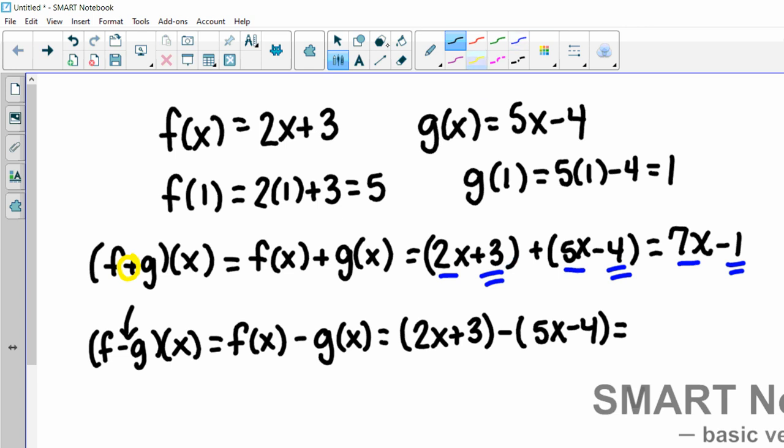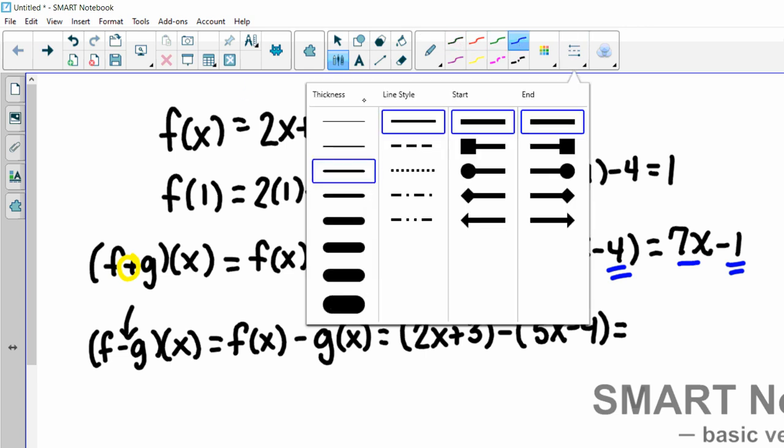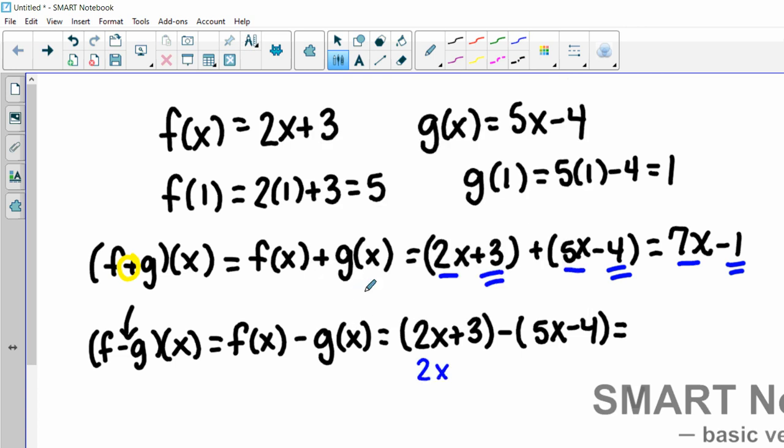The main thing I need to be careful of when I'm doing subtraction is that I have to make sure that I distribute the negative sign through and hook it on to every piece of that polynomial that it belongs to. So I have a negative 5x and a positive 4 there. 2 minus 5 leaves me with negative 3x. 3 plus 4 leaves me with 7.